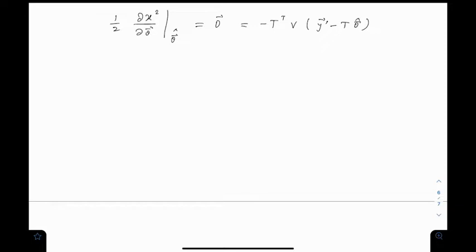And from these so-called normal equations, we get the estimate for the p parameters as this.